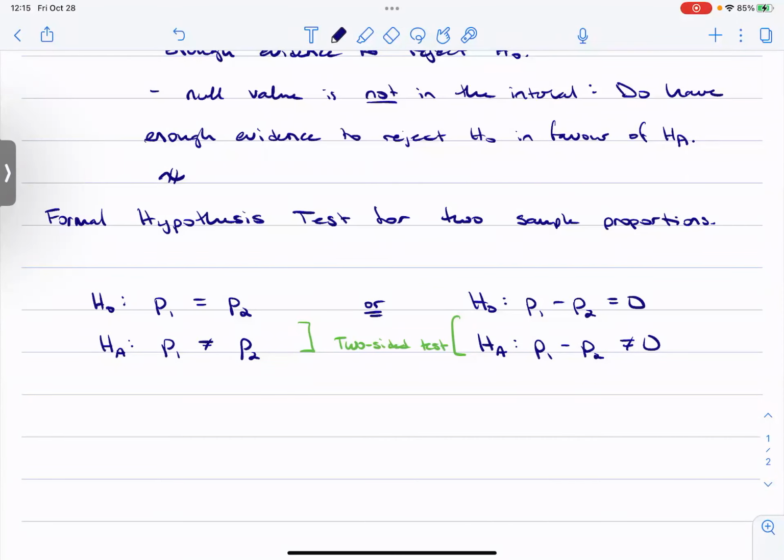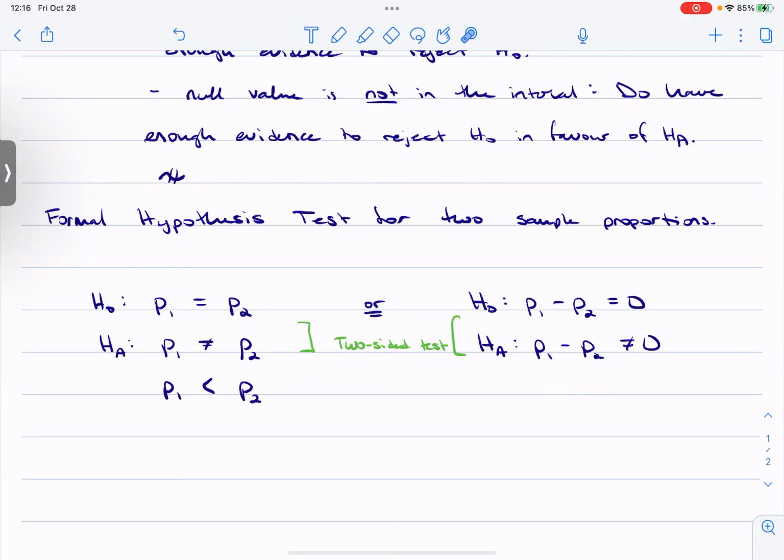Whereas if I'm concerned with one extreme, is P1 less than P2? That's an option. How do I translate that into a relationship with 0? Takes a little bit of thinking, not too bad.